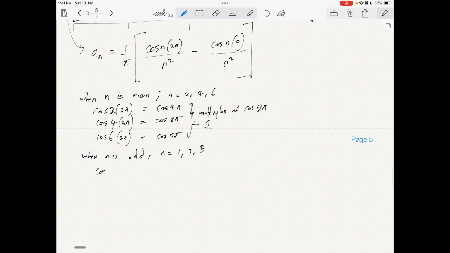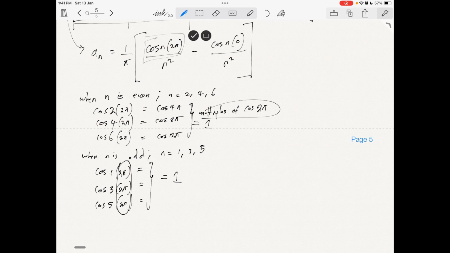So we have cos 1 2 pi, cos 3 2 pi, cos 5 2 pi. Now we can see that they are all variables of 2 pi, just as we have here. So everything also is 1. And that is for cos n 2 pi.